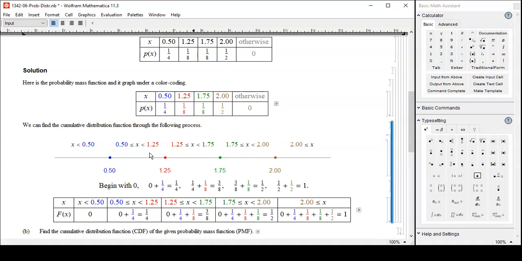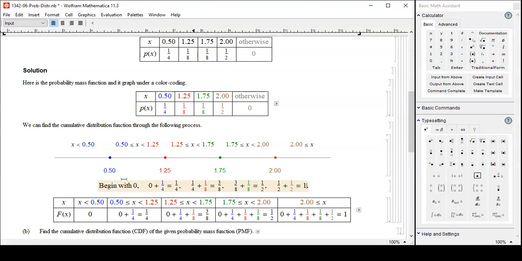Class interval number 1, number 2, number 3, number 4, and number 5. And the structure is semi-inequality to the left, strict inequality to the right, always. So that if you have precisely 1.25, you belong to one higher interval. All right? Just like if you score precisely 80 in this class, you belong to one higher class interval. You scored B. All right?